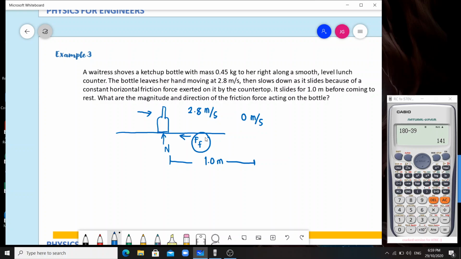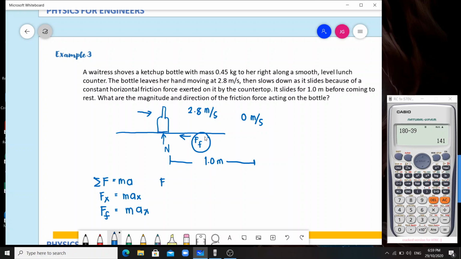Okay. So, summation of F is equals to MA ulit tayo. Now, ang Fx natin is equals to MAx. Ang Fx natin ay equivalent sa frictional force only. Okay? So, frictional force is equals to MAx.